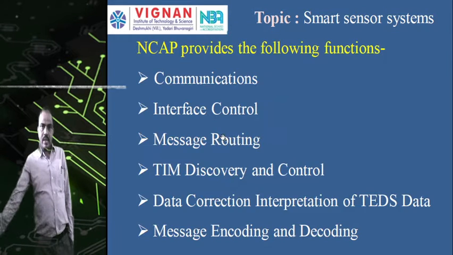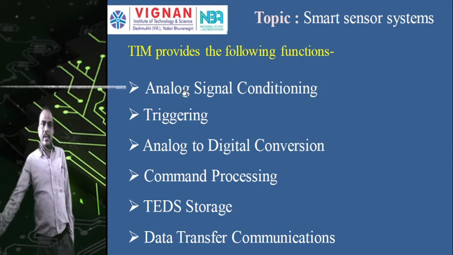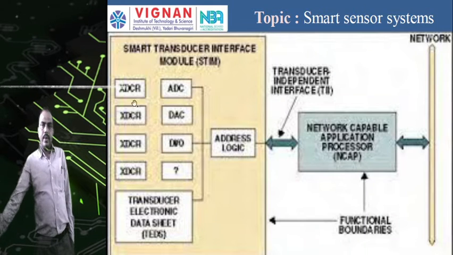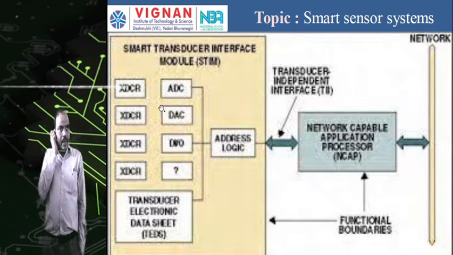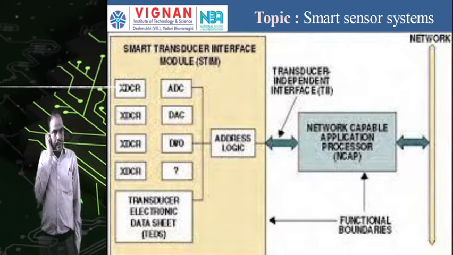As we already discussed, this STIM provides signal conditioning, triggering, A to D, like that. So this is the transducer, and the output is given to the ADC whenever required, that is the analog to digital converter. If the transducer is a digital transducer, that may be given to a DAC, digital to analog converter.